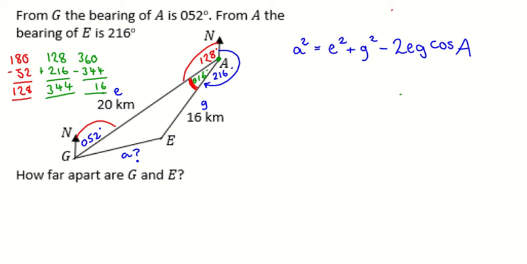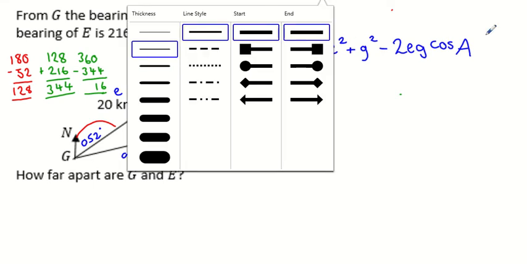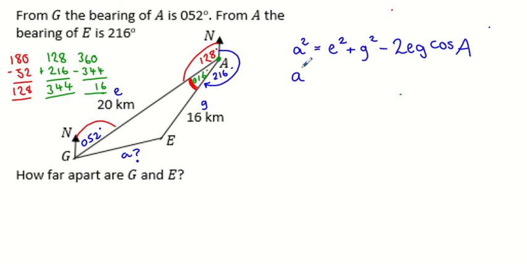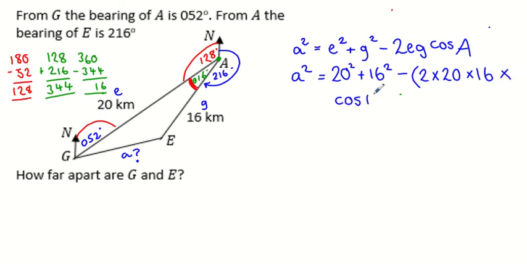Okay, so now I'm ready to substitute everything into this formula. So a squared equals 20 for your lowercase e, 20 squared plus 16 squared, subtract, now I'm going to use brackets here, 2 multiplied by 20 multiplied by 16 multiplied by cos 16 degrees.